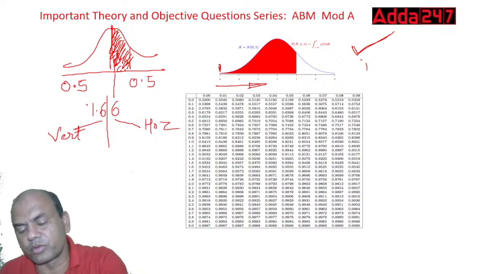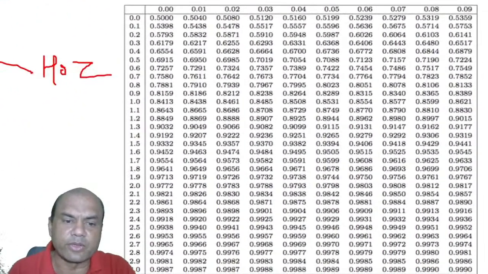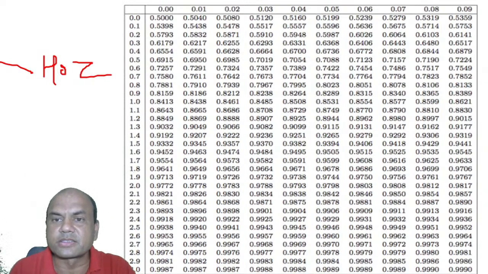Match 0.06 and 1.6, and it is coming to 0.9515. Everyone is getting this 0.9515.